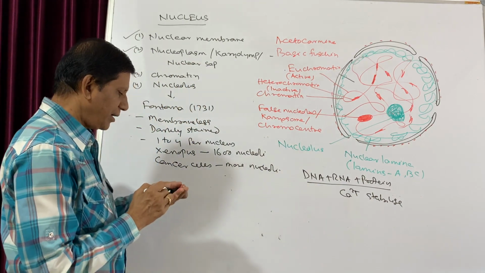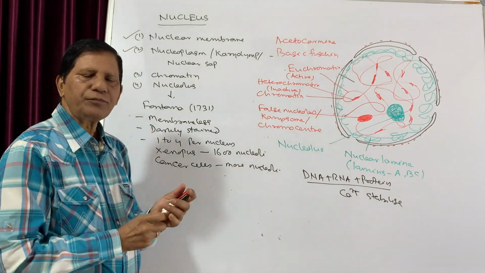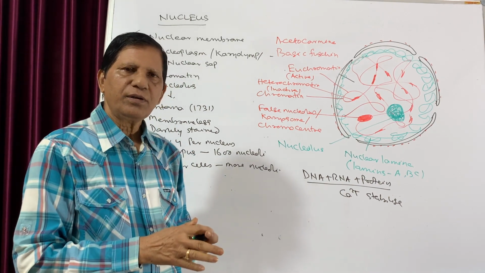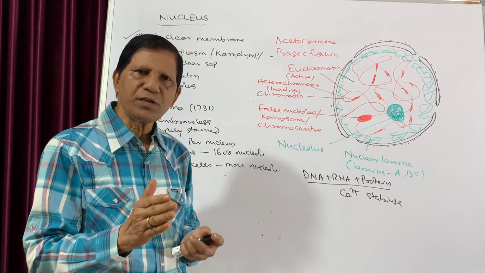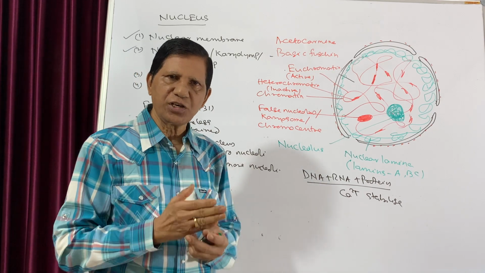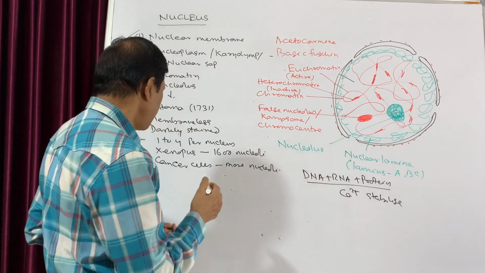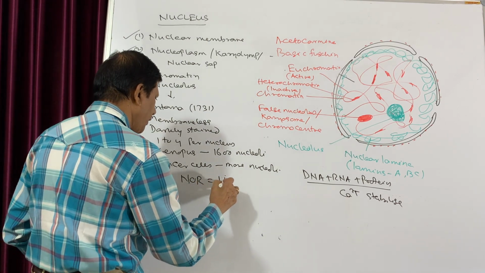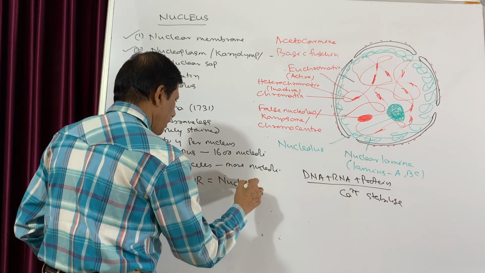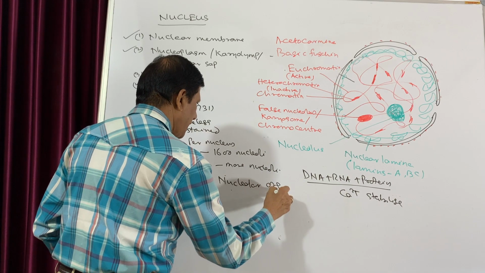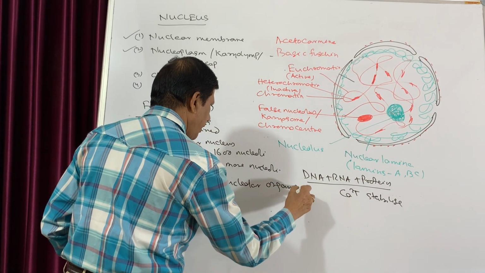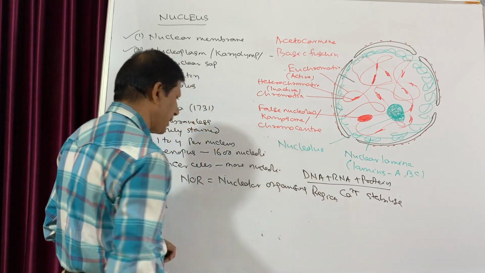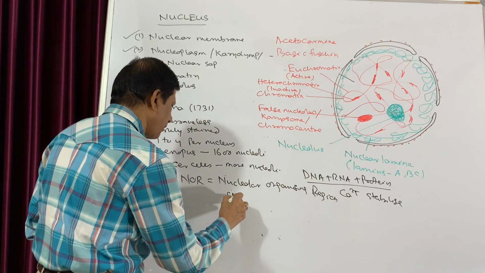And another important aspect is, when we discuss chromosomes, you will know that there are certain chromosomes where there is a secondary constriction, or a NOR part. NOR means nucleolar organizing region, in certain cells, and they are usually known as short chromosomes.